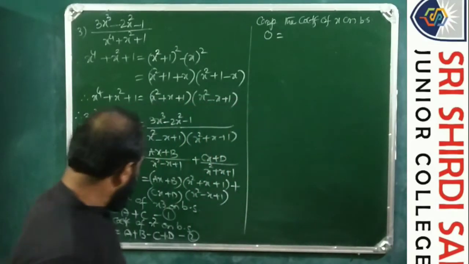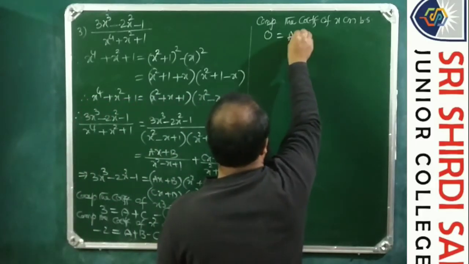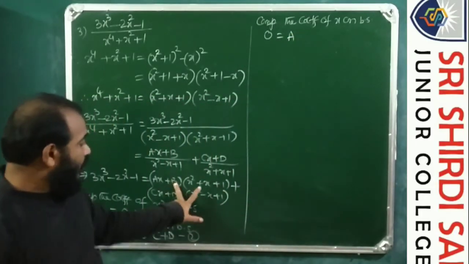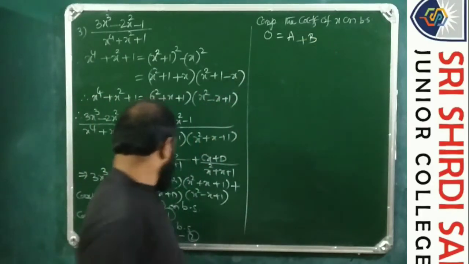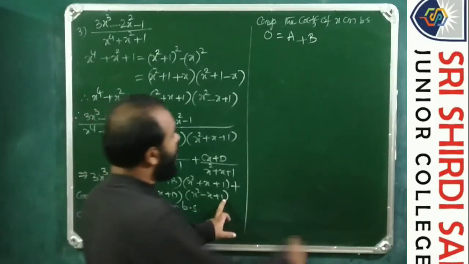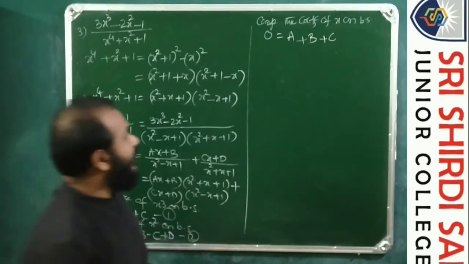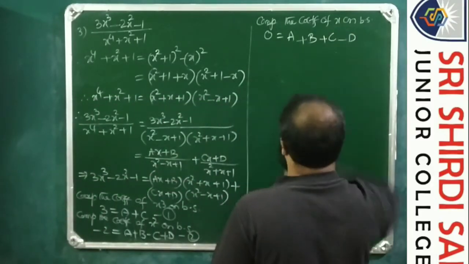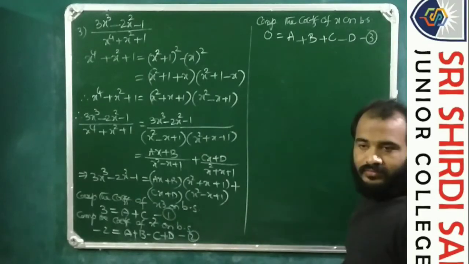So here ax into 1 is ax, x quotient is a, b into x, bx, so x quotient is plus b, cx into 1, c, d into minus x, minus d. So this is the third equation.